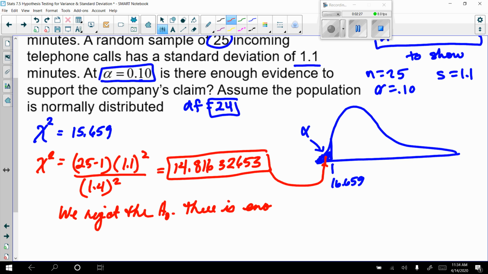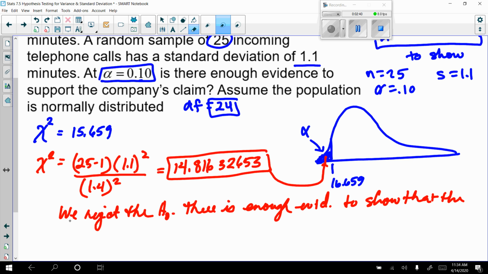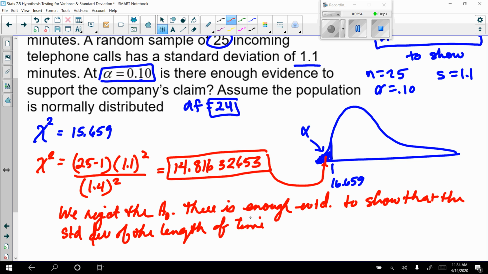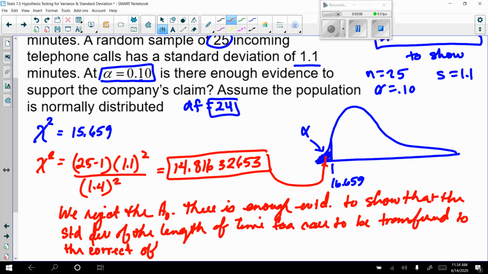There is enough evidence to show that the standard deviation of the length of time for a call to be transferred to the correct office is less than 1.4 minutes.